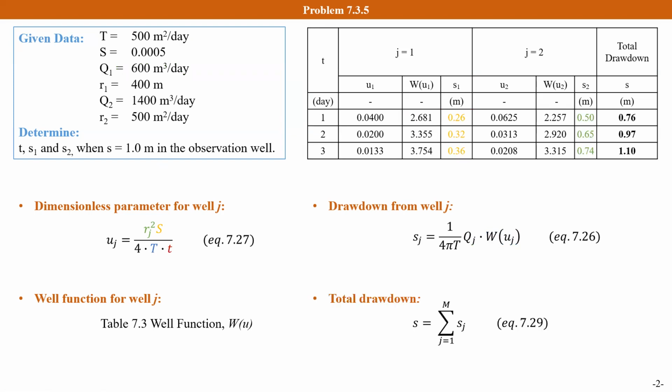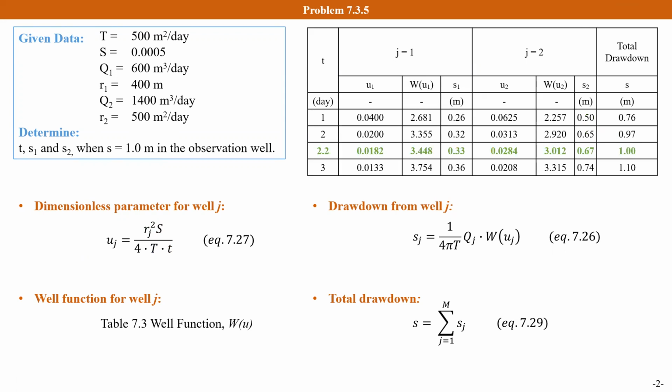This problem asks us to determine the value of these parameters when the total drawdown equals 1 meter. The 1 meter is between these two values. Therefore, we need to try different t between 2 days and 3 days until the total drawdown equals 1 meter.